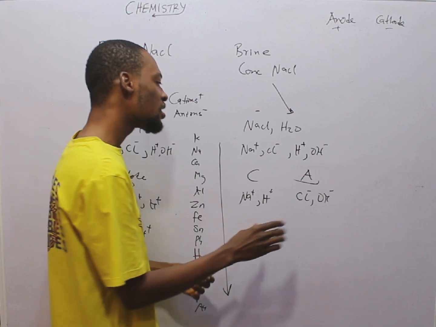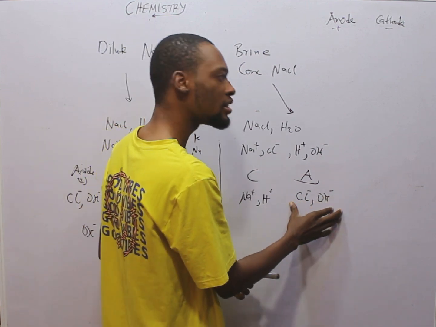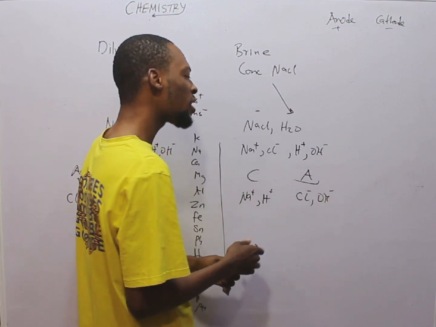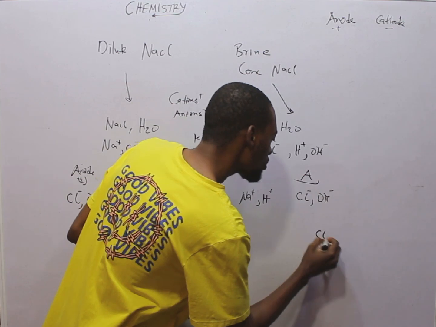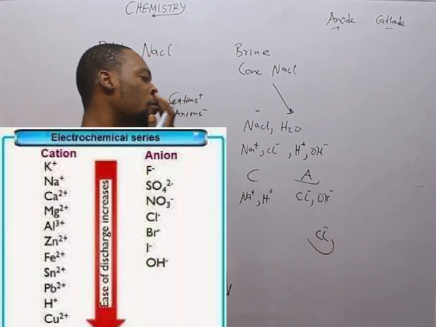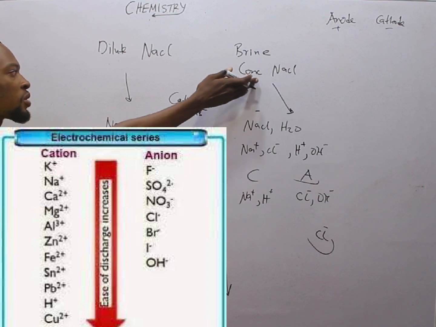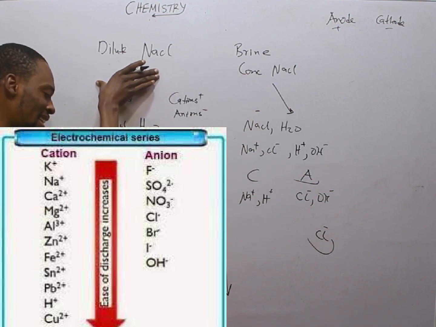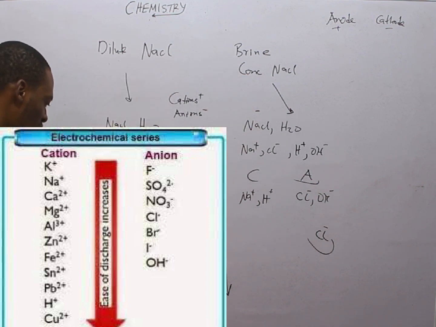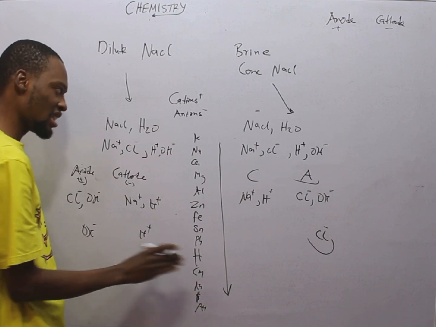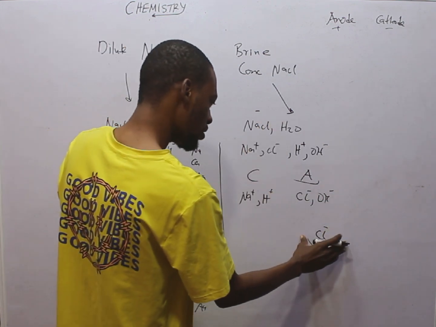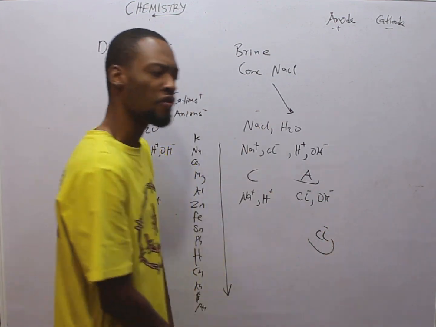This ion is lower in the series than Cl-, but because of concentration, Cl- will be deposited instead of OH-. That is the difference between electrolysis of brine, concentrated sodium chloride, and electrolysis of dilute sodium chloride. At the anode, OH- is deposited here. At the anode, chlorine is deposited because of concentration.